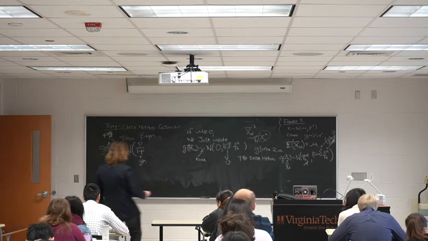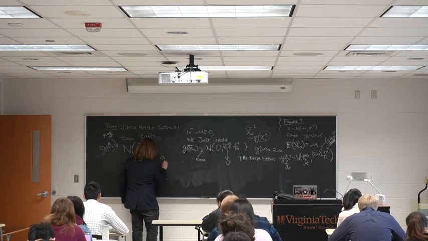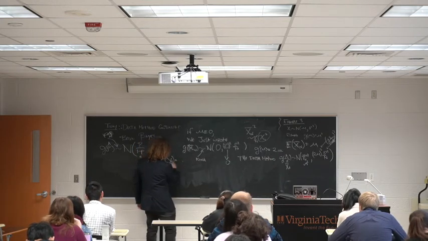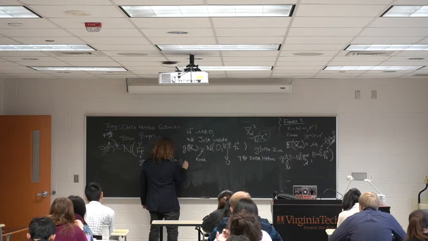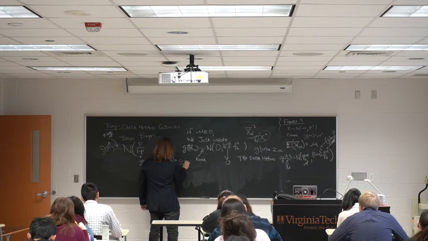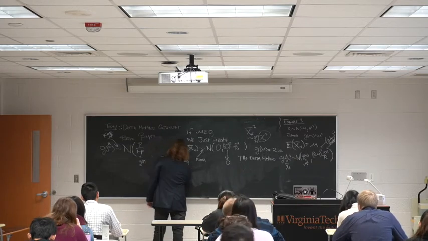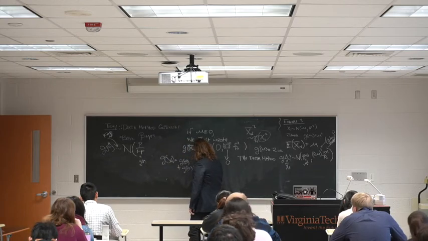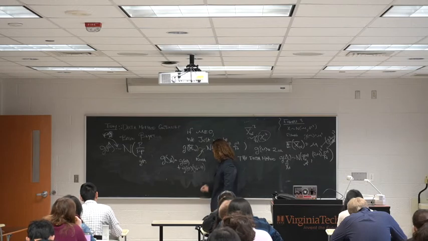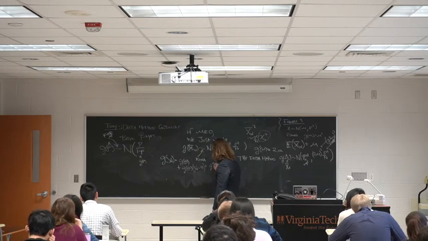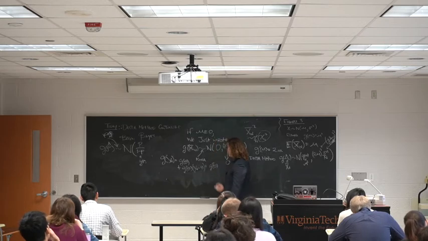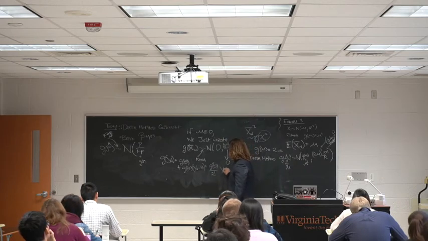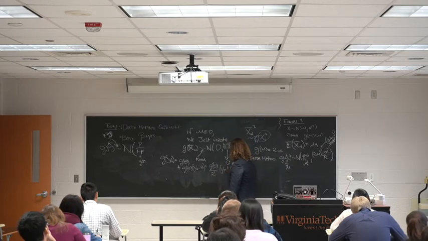I just want you to remember that our approximations, this was equal to G, wherever I want to center this thing, theta, plus G prime theta yn minus theta divided by 1 factorial, plus G double prime theta, the second derivative, divided by 2 factorial, which is just 2, times yn minus theta squared.